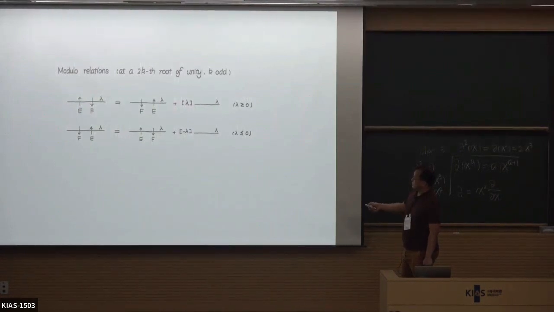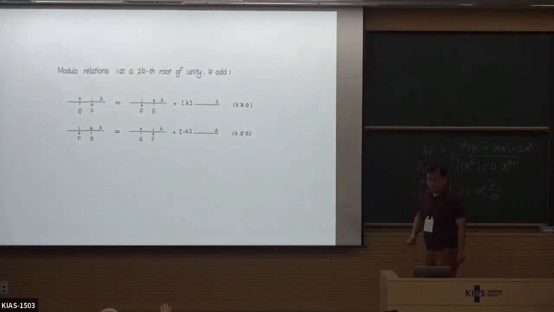Remember, this is lambda. Here in the middle you will see lambda minus 2, and here it becomes lambda again. So if you commute these two, you will have quantum lambda many copies of doing nothing in here. And similarly, when lambda is less than or equal to 0, you have this relation.